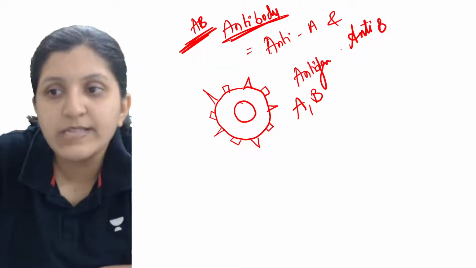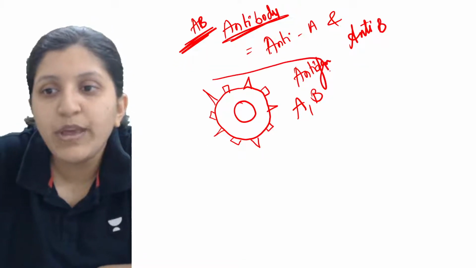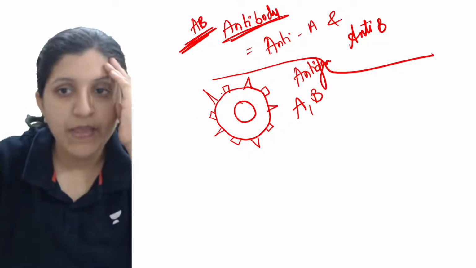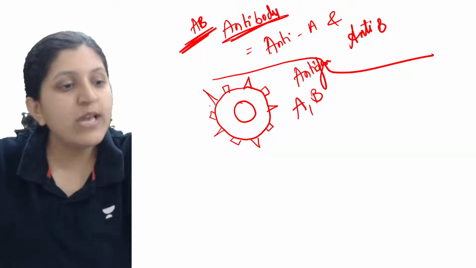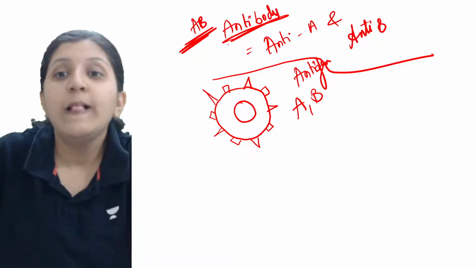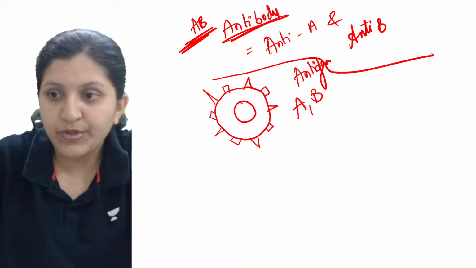You can find both types of antibodies, right? So anti-A is also there, anti-B is also there. These are the antibodies that you can find in here.